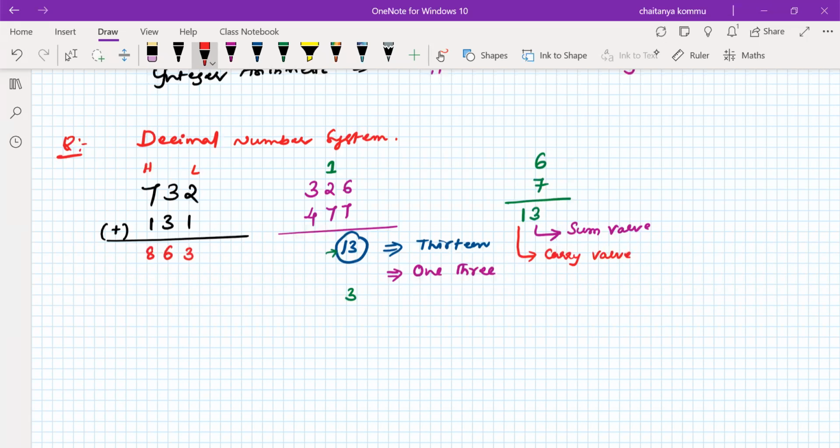Whenever we add two digits, the result is sometimes also a single digit, but sometimes it is not possible and we have two digits. In that case, the least position we call the sum, and the most position we call the carry.